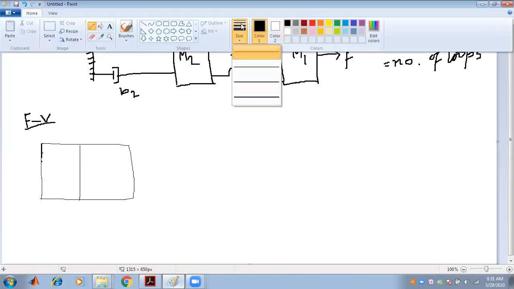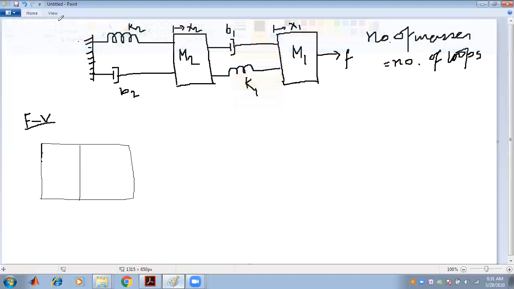Now we are considering the force voltage analogy. In the force voltage analogy, first the force F is replaced by the voltage, so I am putting a voltage source V here.